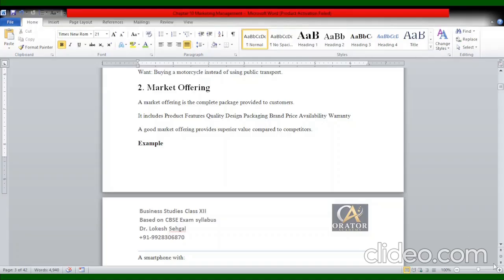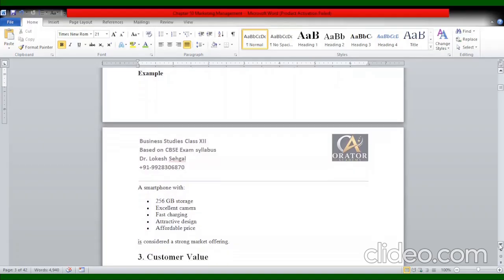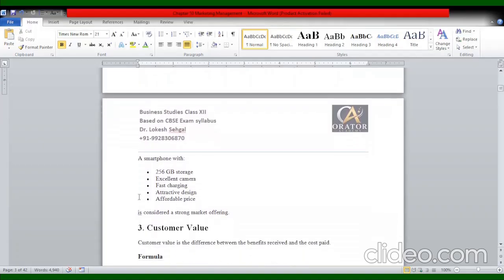For example, if you want to sell a smartphone which has 256 GB storage, an excellent camera, fast charging, and attractive design at an affordable price, this is considered a strong market offering. This is a market offer that we consider as a bundle of features, qualities, availability, warranties, and many more things that you consider through your market offering.